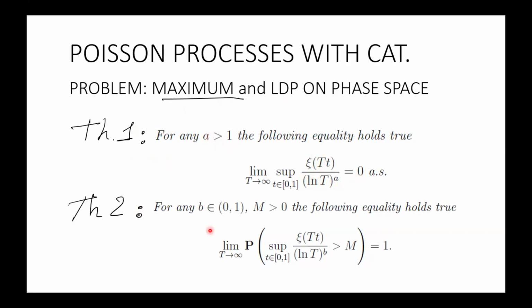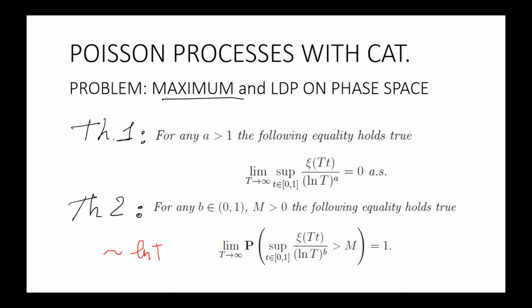If I take B from 0 to 1, then the probability that the supremum is larger than M is equal to 1. So what does it mean? It means that, although we don't prove this explicitly, the maximum behaves like a logarithm of t.